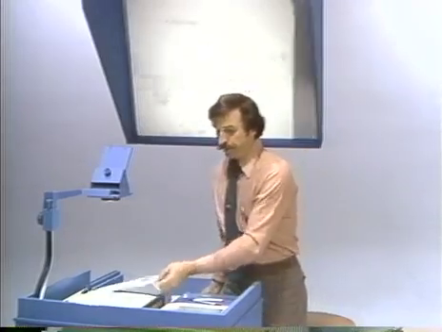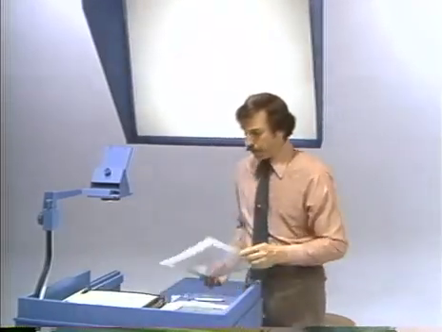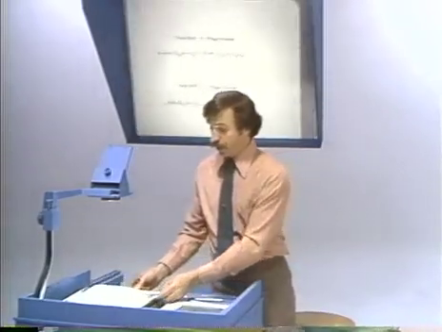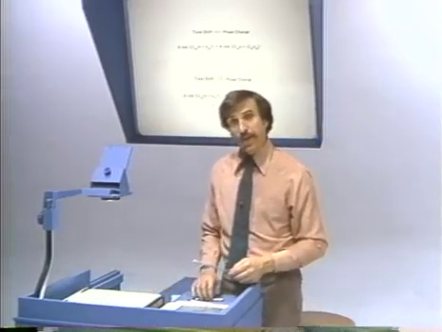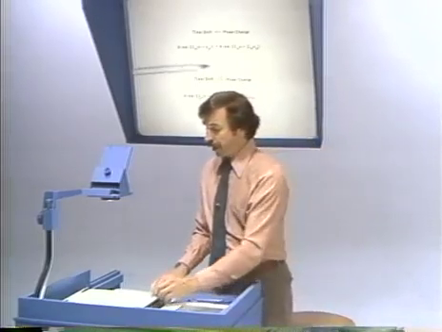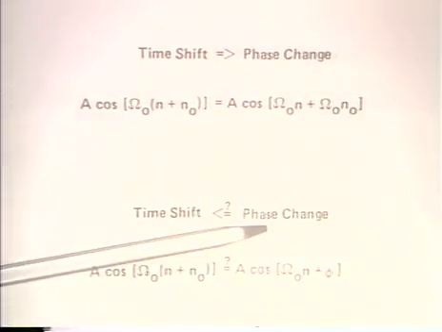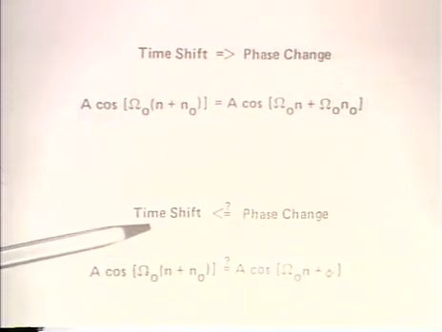Okay, now one of the things I've said so far about discrete time sinusoids is that a time shift corresponds to a phase change. And we can then ask whether the reverse statement is also true. And we knew that the reverse statement was true in continuous time. Specifically, is it true that a phase change always corresponds to a time shift?